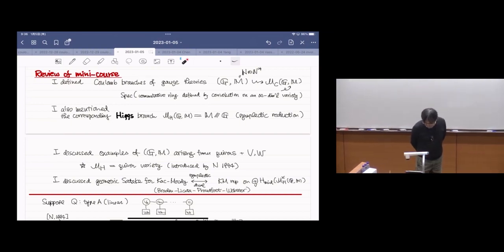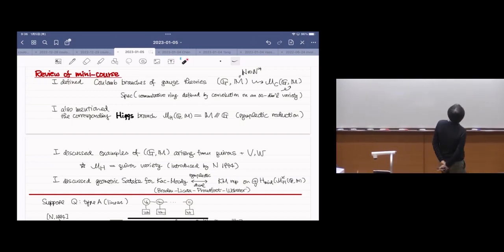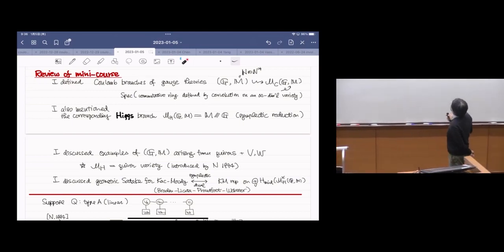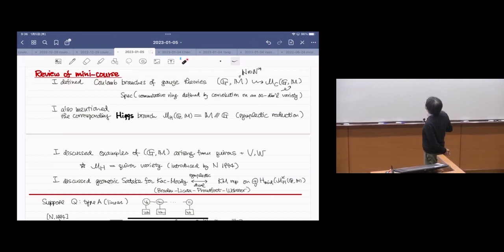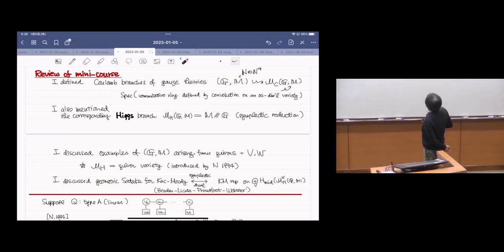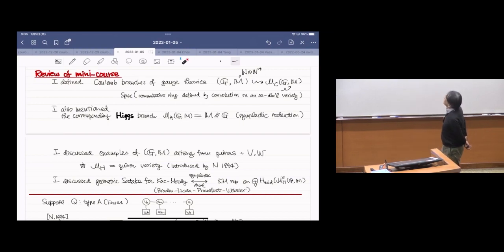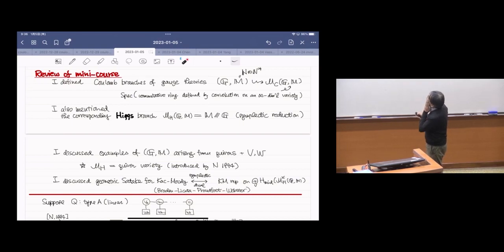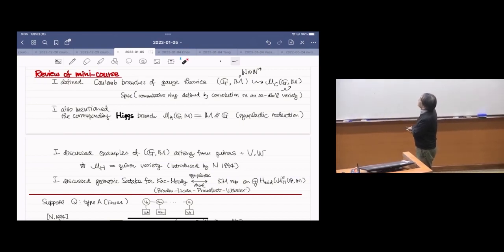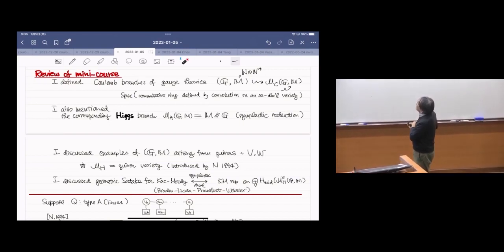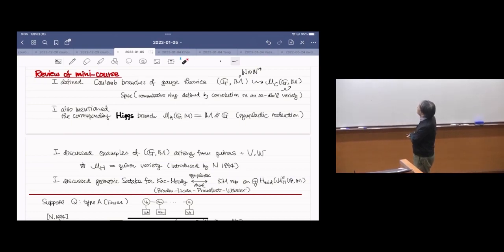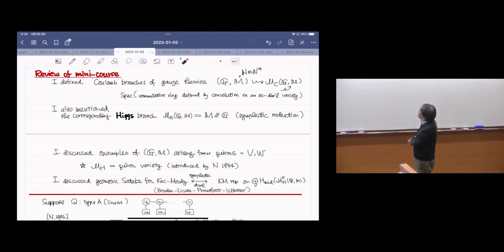And then I briefly mentioned that this is regarded as an example of a phenomenon called symplectic duality by Braden-Licata-Proudfoot-Webster. So you get the integrable highest weight representation of Kac-Moody. This is still conjecture, maybe. I should emphasize that.